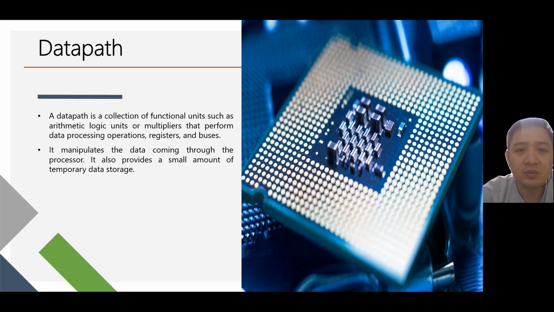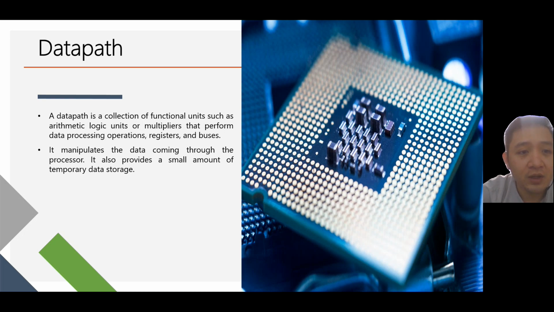Again, two parts of the CPU: ALU and CU. When you say control unit, this is the part of the CPU that controls or manages the entire operation. So again, we have the ALU and then the CU.